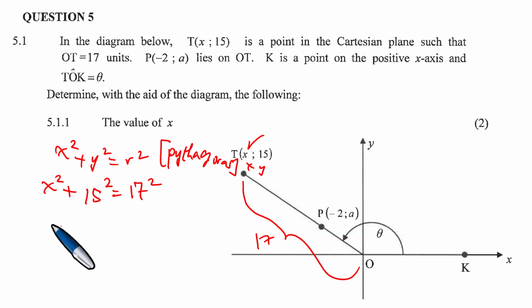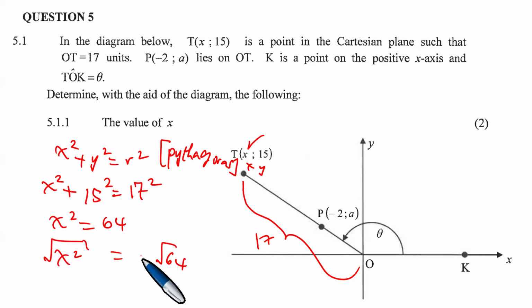So x squared equals 17 squared minus 15 squared, and this gives us 64. This means you have x squared here, and you have the square root of 64. You put plus or minus, and this should mean x is plus or minus 8.